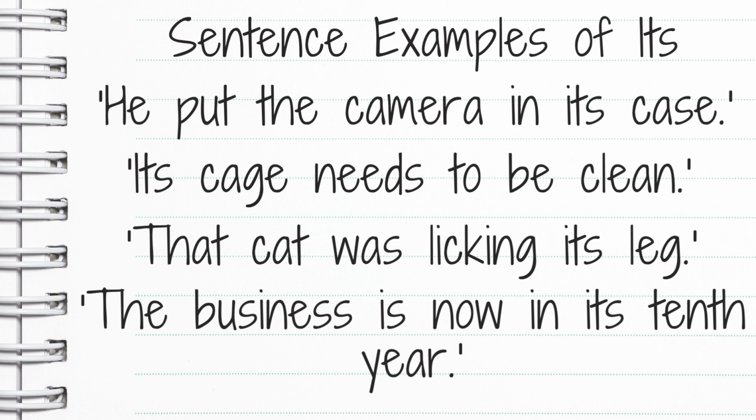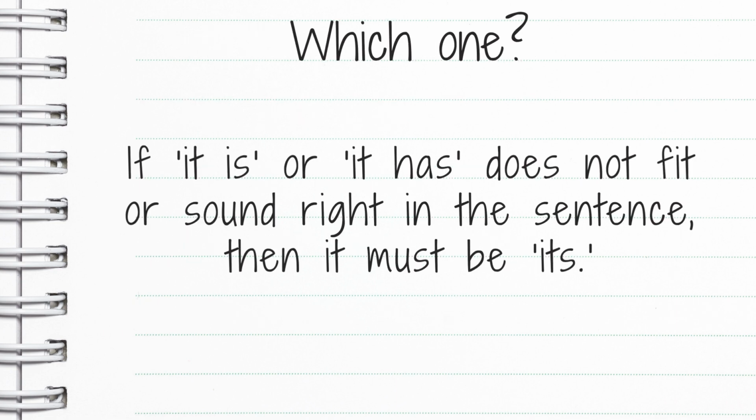We wouldn't say it has cage needs to be clean. It doesn't make sense. Again, he put the camera in its case. He put the camera in it is case. Doesn't make sense. He put the camera in it has case. It doesn't make sense. So anytime you are thinking it is a contraction, say it in the sentence. If it doesn't fit, then it is not the contraction.